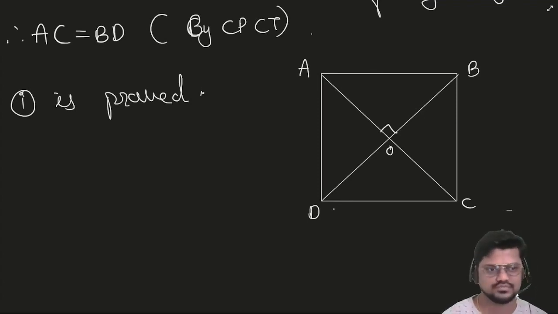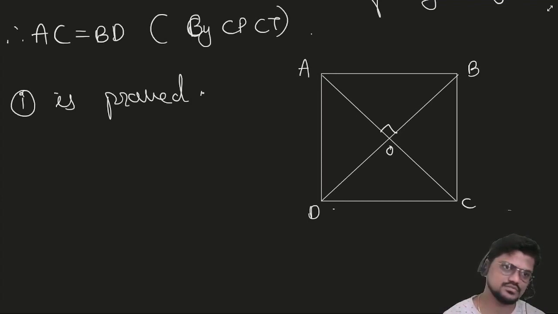Can anyone else take it? Yes. Sir, we will take triangle AOB and triangle BOC, and then we can prove that triangle AOB and triangle BOC are congruent. Therefore, angle AOB and angle BOC are equal by CPCT.